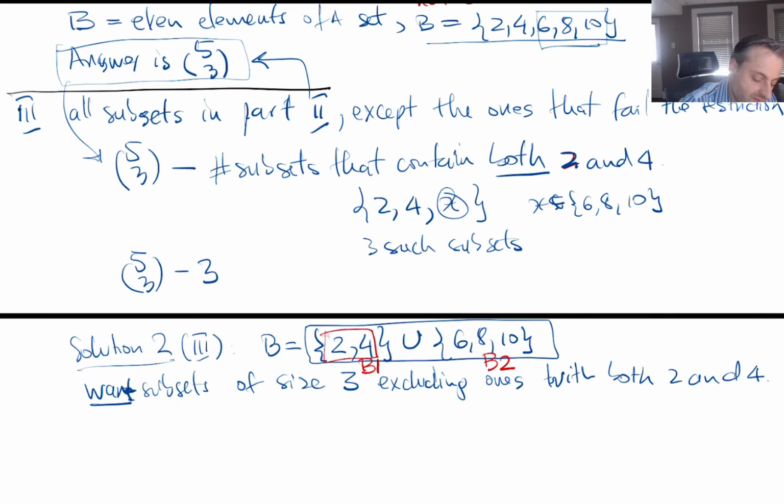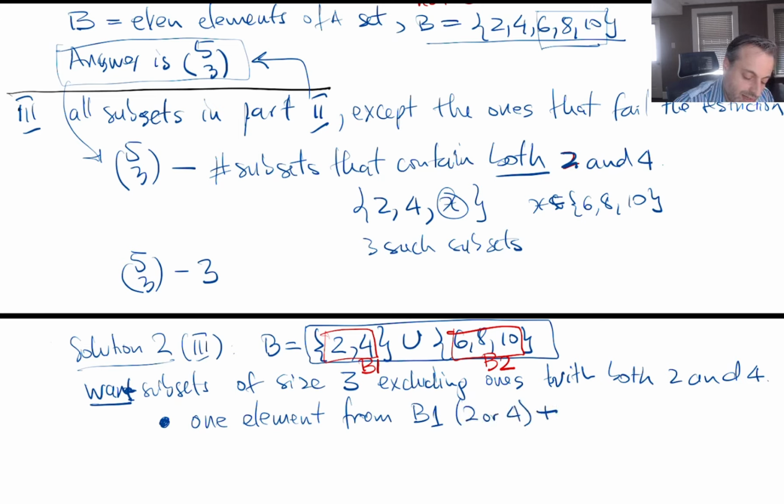So B1 is 2 and 4. B2 is 6, 8, and 10. And I'm thinking, what are the options here for such subsets? I can have one element from B1. I can have both 2 and 4, but I can have one of them, right? 2 or 4.